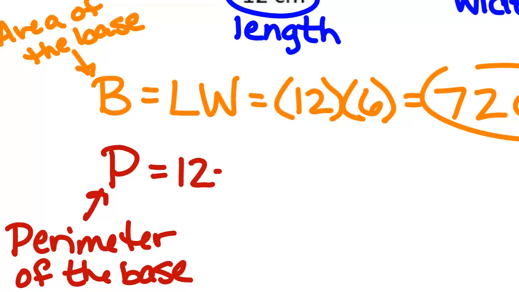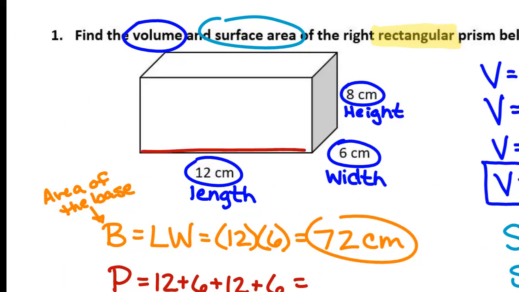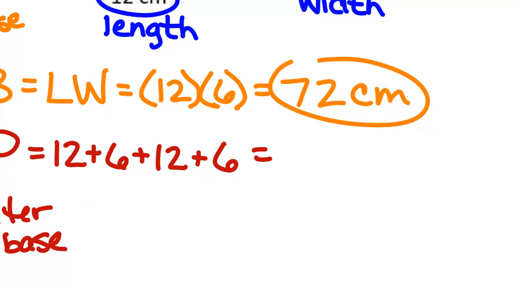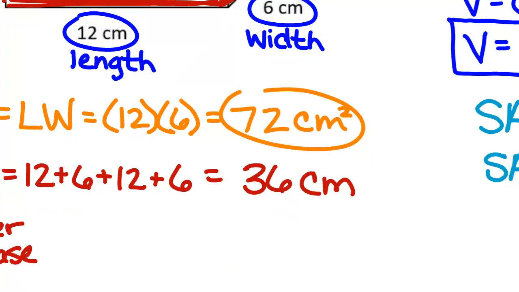So we're going to do 12 plus 6 plus 12 plus 6. Because I have a side that is 12 here and a side that is 6 here. And then in the back, we have another side that is 12 and another side that is 6. So what is 12 plus 6 plus 12 plus 6? 36. This 72 should be centimeters squared. So we have 36 centimeters for our perimeter.